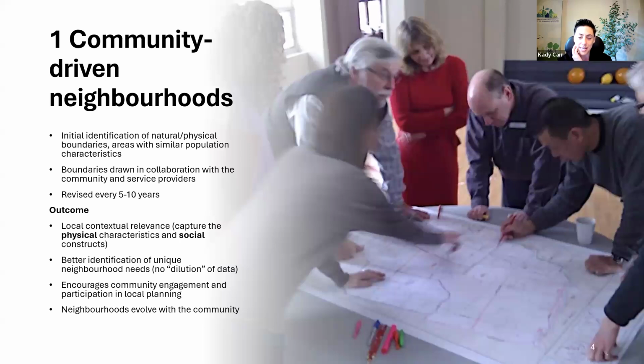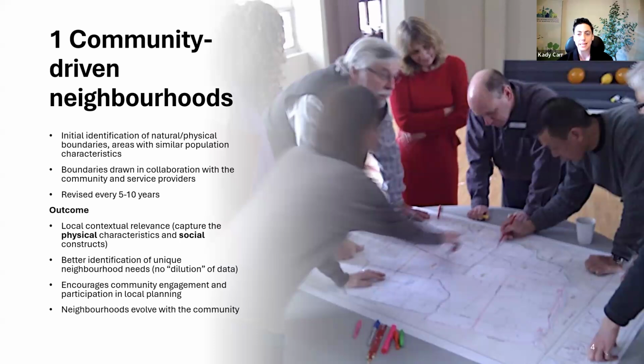So the first step in defining the neighborhoods, which was the first step that was needed in being able to collect data for the neighborhoods, was to first look at a very small level at dissemination areas, look at demographics of the population to identify where there were similarities in population demographics and characteristics, so that we could try to avoid clustering together in a single neighborhood groups of population that were very different, because that would prevent us from being able to see where there were specific needs in the community or specific differences that maybe have an impact on the challenges that residents face in neighborhoods, on the opportunities, and on the specific needs.